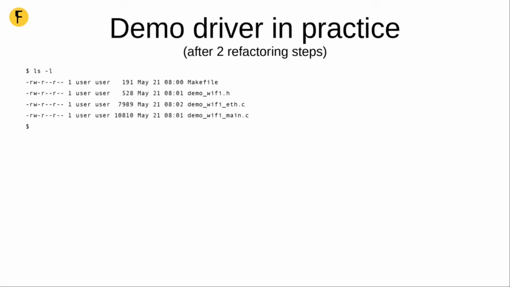And here's an example of how it looks like after 2 steps, in my case. I do have a makefile, I do have the header file with the common definitions of the data structures that are shared between the 2 parts of the driver.